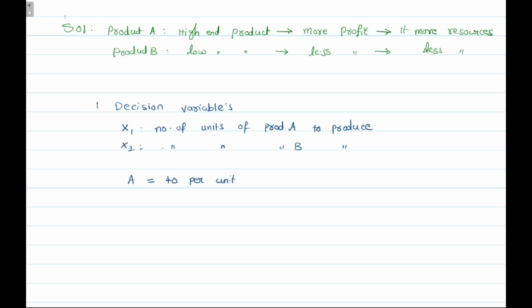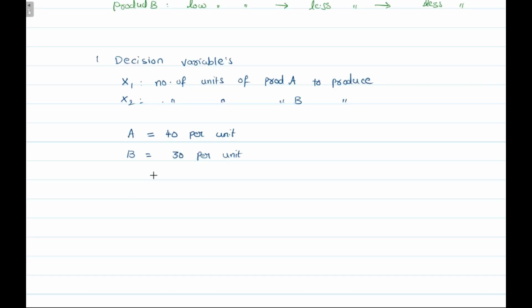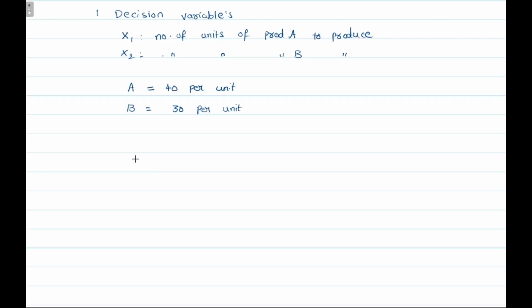At the same time, if I am producing B, then 30 rupees per unit. Okay. So product A will gain 40 rupees and product B will gain 30 rupees per unit. Now the decision variables are x1 and x2, and the second most important one is to define the objective function.